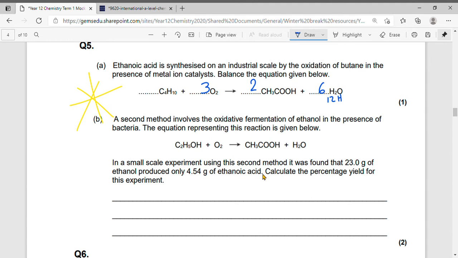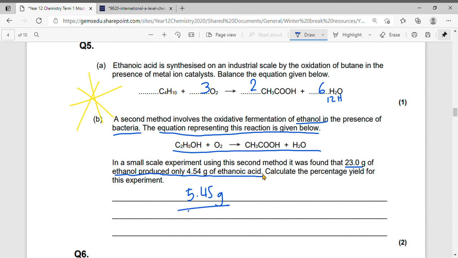The second method involves the oxidative fermentation of ethanol in the presence of bacteria. The equation representing this reaction is given below. In a small-scale experiment using this second method, it was found that 23 grams of ethanol produced only 5.45 grams. Yield must be percentage.